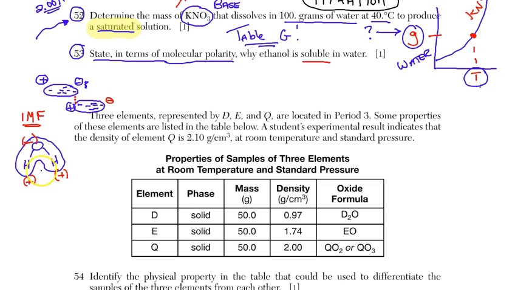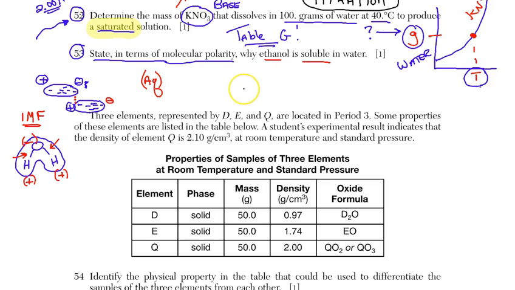Unequal distribution of electrons made by these polar bonds and asymmetrical shape. These guys will mix very well, because if water is polar, has a negative and positive end, and ethanol is polar, has a negative and positive end, you can clearly understand that water is going to interact with these molecules and surround them and be able to dilute them equally throughout to make something called a solution, which we say aqueous.